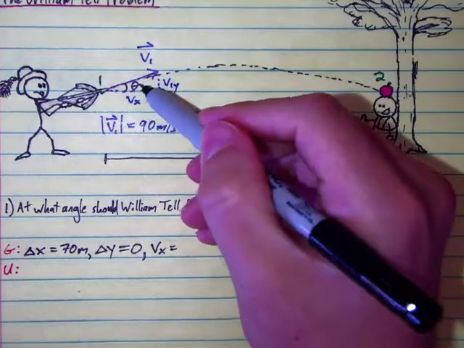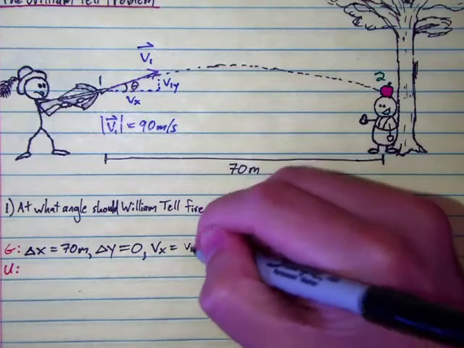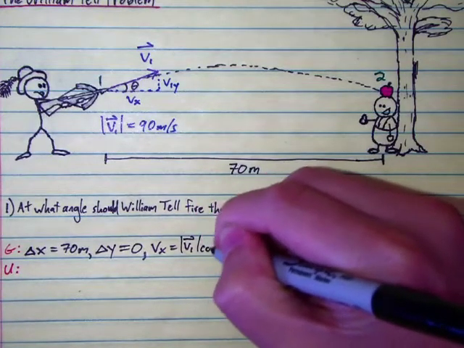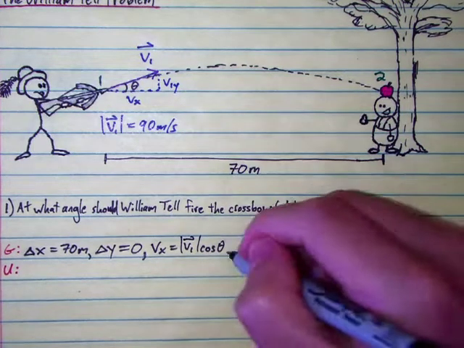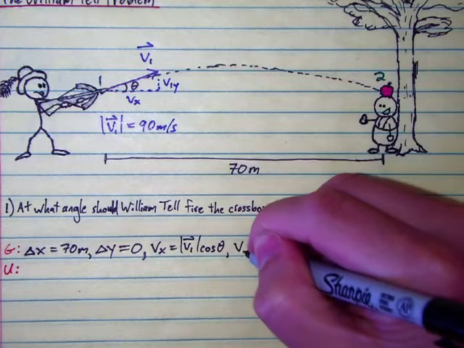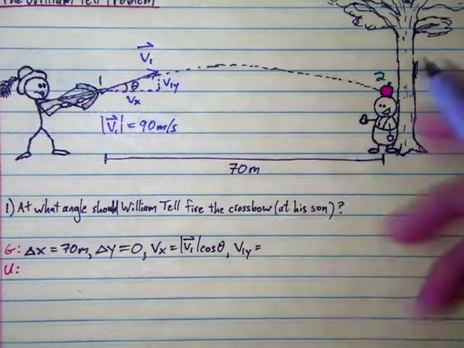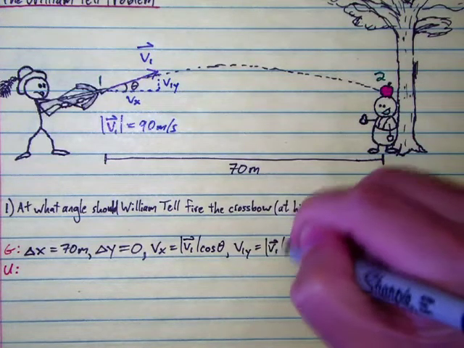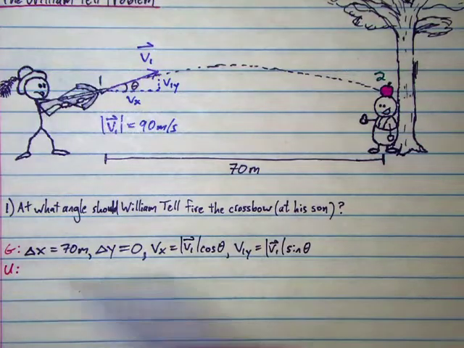So if cosine theta is Vx over the speed, then Vx equals the speed times cos theta. We know both these values, so we know Vx, and then the y component of the initial velocity. Since sine theta is V1y over the speed, this will be the speed times sine theta. Okay, we know all that information.